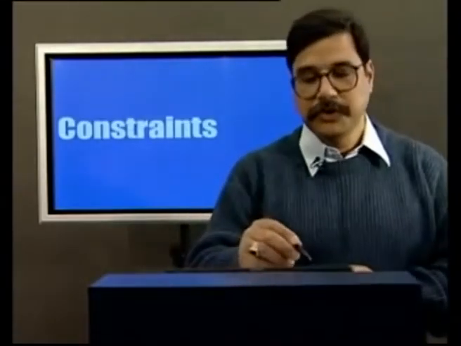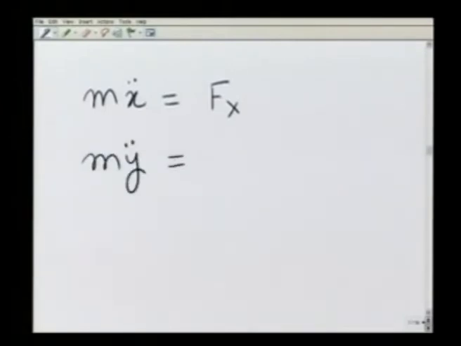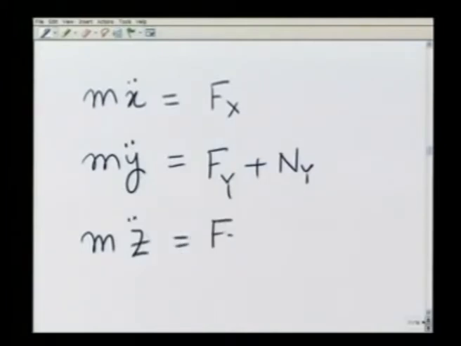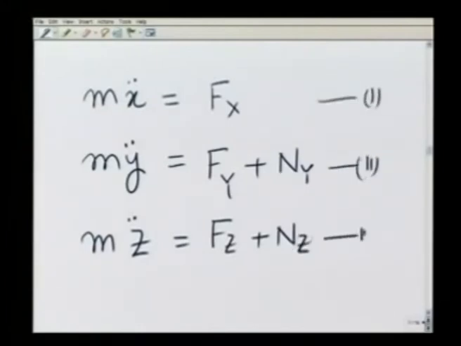With these components of the forces, the equations of motion of this particle are going to be m x double dot equals Fx, because Nx is 0, m y double dot equals Fy plus Ny, and m z double dot equals Fz plus Nz. These are three equations of motion that I get from F equals ma.